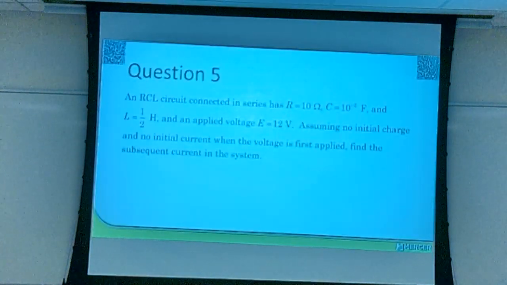This one's interesting. So we have an RCL circuit again. Assume no initial charge, no initial current. We want to find the current of the system, not the charge of the system.